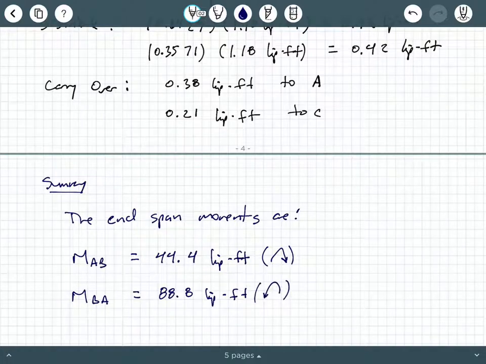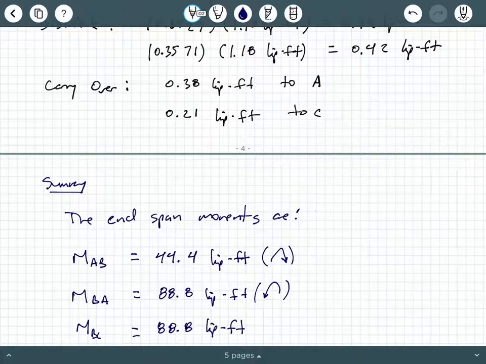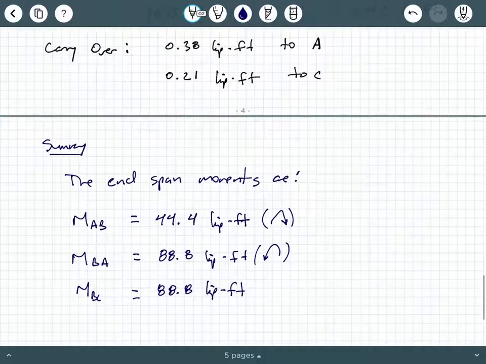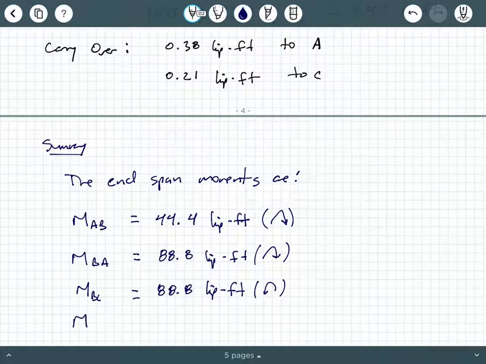I looked at these backwards. MBA, I believe, was the positive value, 88.8 kip feet, so that's clockwise. And then MBC was the negative value, so that one's counterclockwise. We're good now. I just looked at my notes backwards.